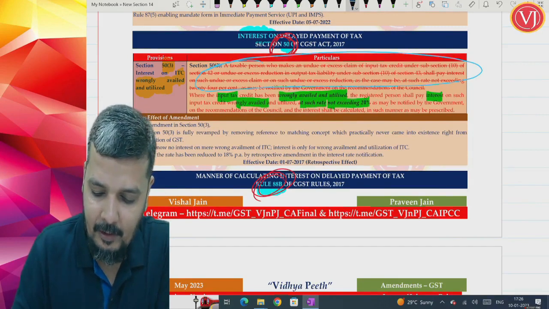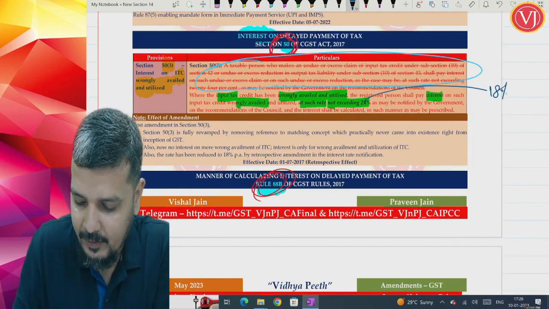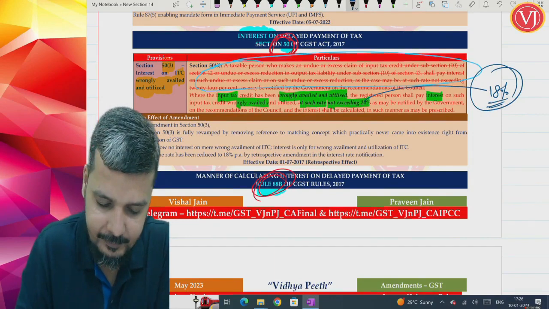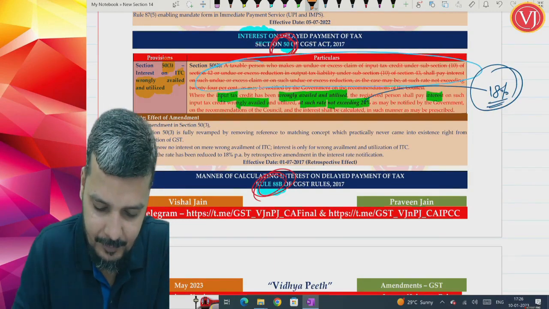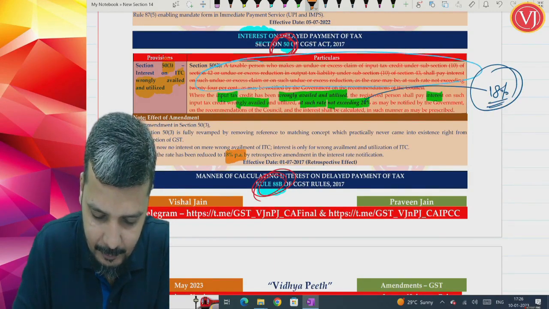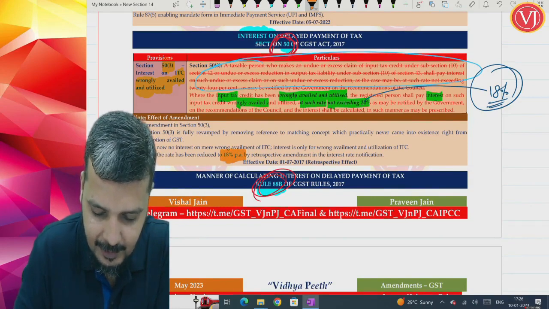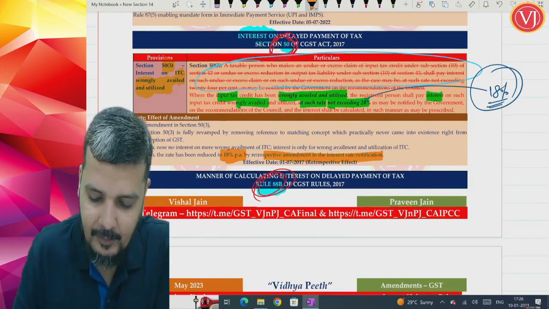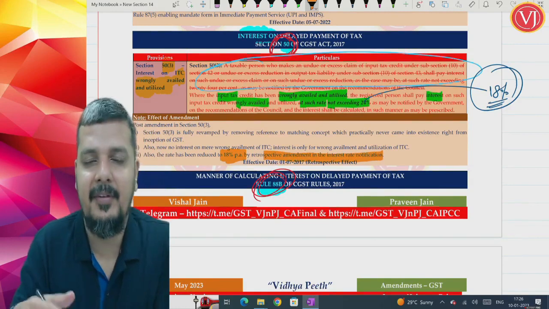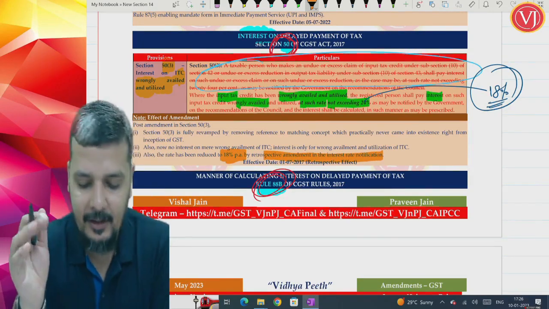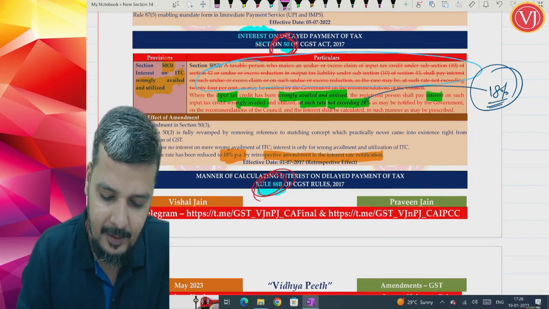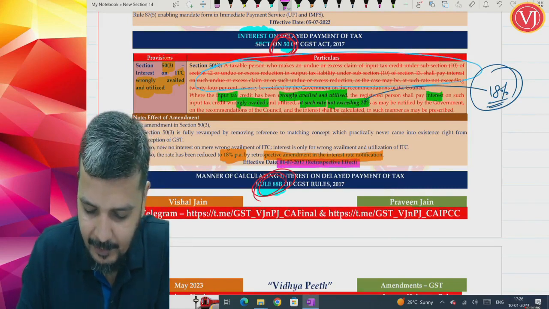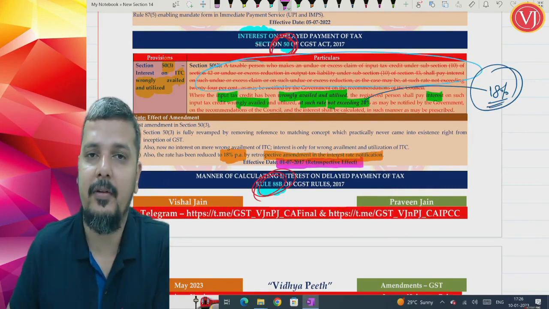Though it says not exceeding 24%, the interest rate notified is 18% per annum. Now a very important point: all the amendments, as I said, have a note of the date from which they are effective. This particular amendment is retrospectively effective from 1st of July 2017.